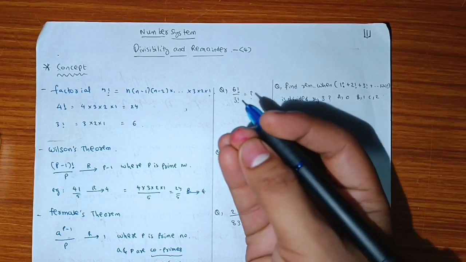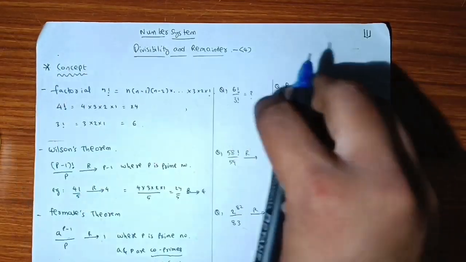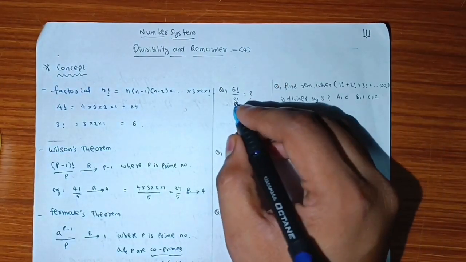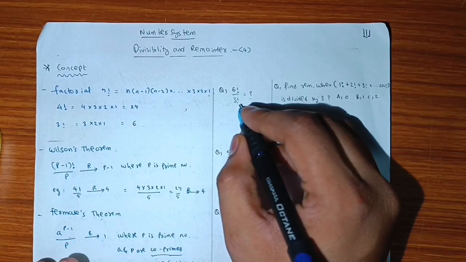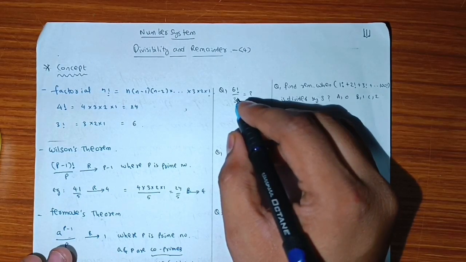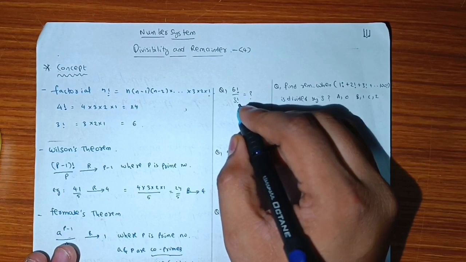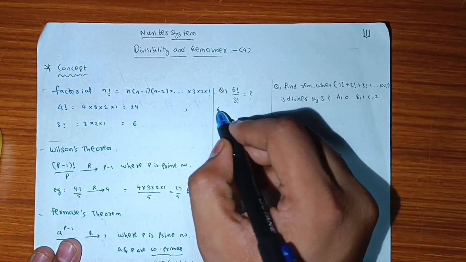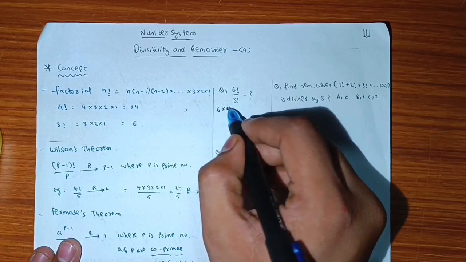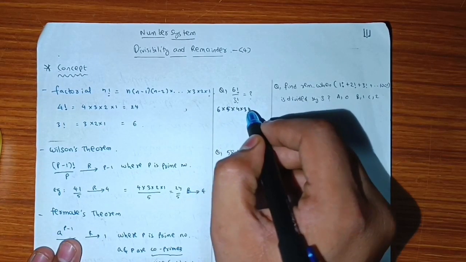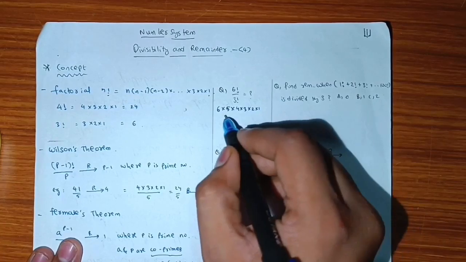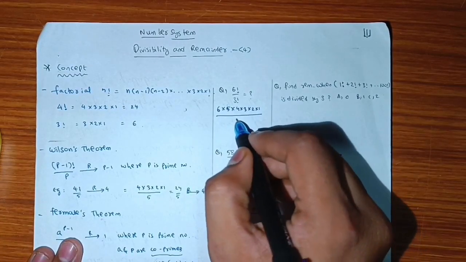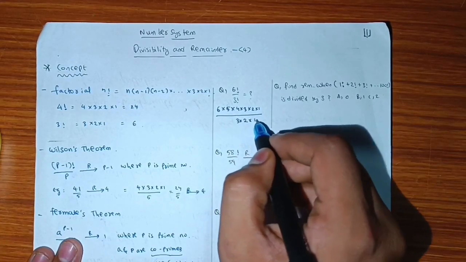Now let us solve a few questions regarding this topic. Our question is: what is the value of 6 factorial by 3 factorial? 6 factorial is 6 into 5 into 4 into 3 into 2 into 1, divided by 3 factorial, which means 3 into 2 into 1.